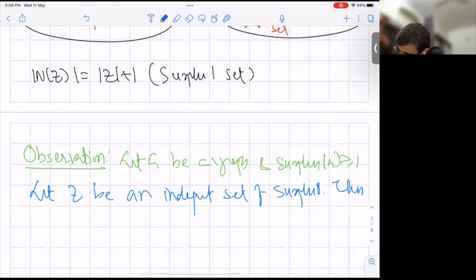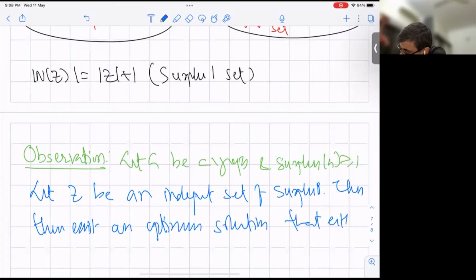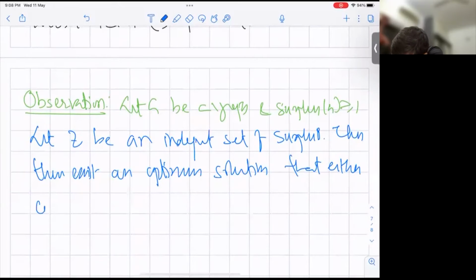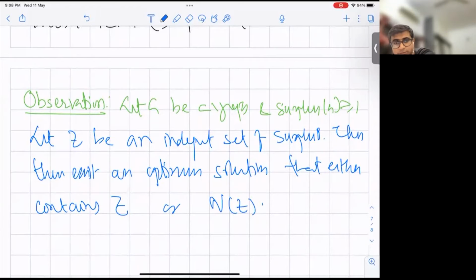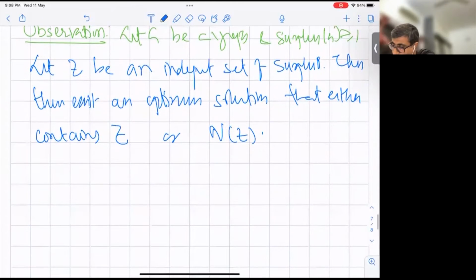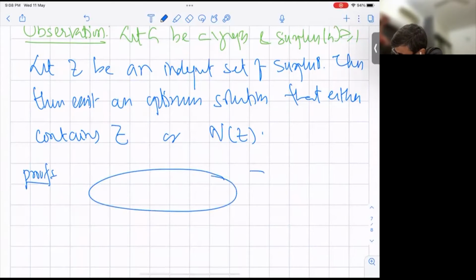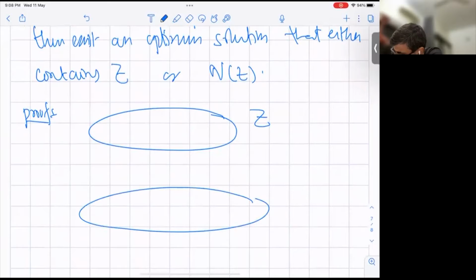Then there exists an optimum solution that either contains Z or N of Z. Okay, let's prove this. And what is the size of N of Z?